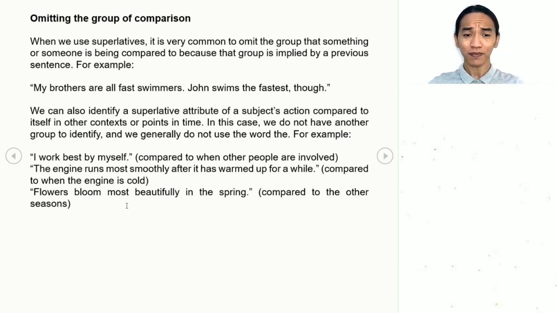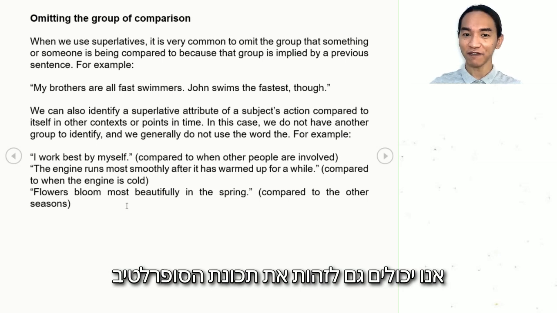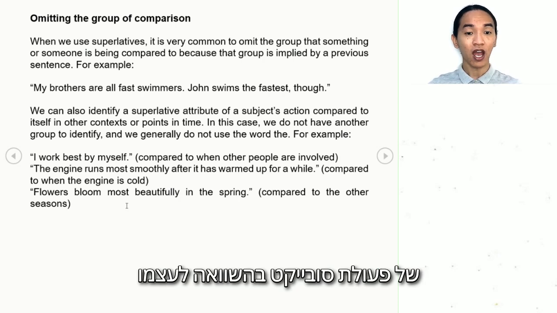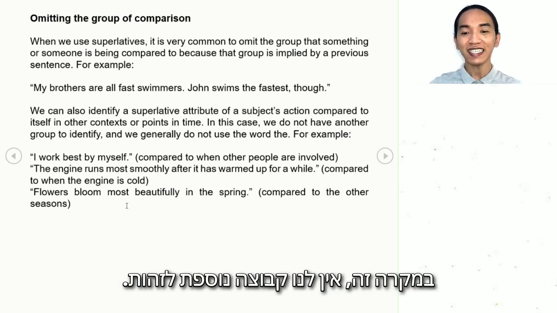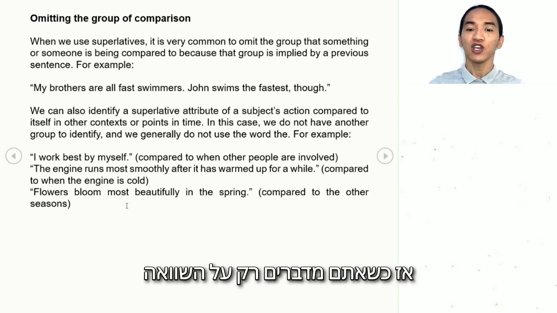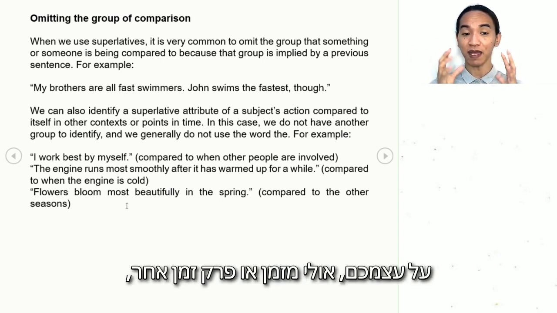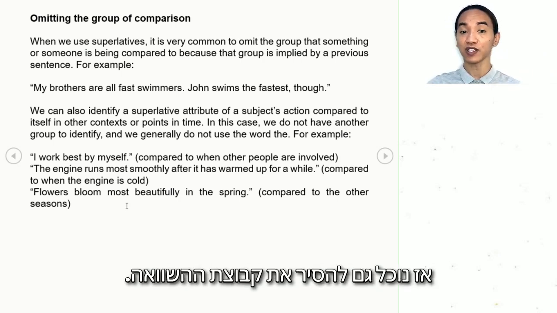We can also identify the superlative attribute of a subject's action compared to itself in other contexts or points in time. In this case, we do not have another group to identify. So when you are just talking about a comparison about yourself, maybe from a different time period, then we can also remove the group of comparison.